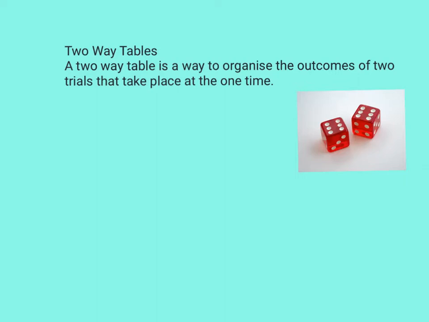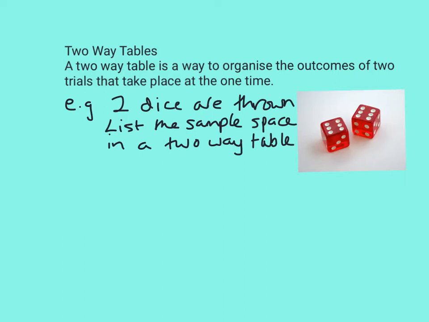A two-way table is a way to organise the outcomes of two trials that take place at any one time. So for example, here we have two dice are thrown. We need to list the sample space in a two-way table. So how will we go about doing that? Well, first of all, one of our trials will go on the top line.